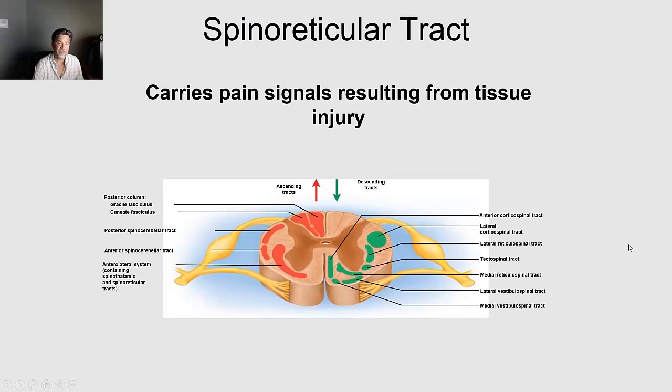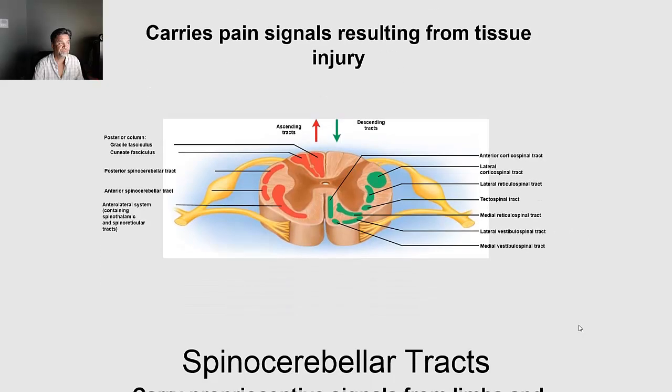The spinoreticular tract has to do with pain, most certainly, and so the spinoreticular tract is the other part of this system found in this region. You have the spinothalamic portion, and then a much smaller spinoreticular tract that's conveying just pain information.